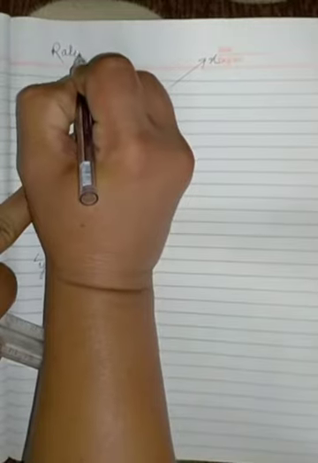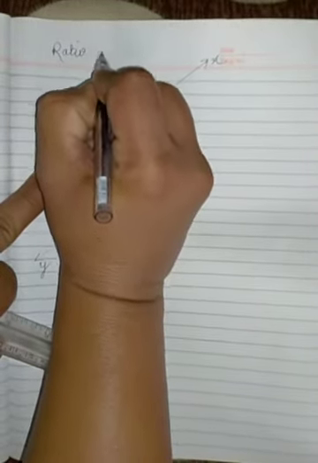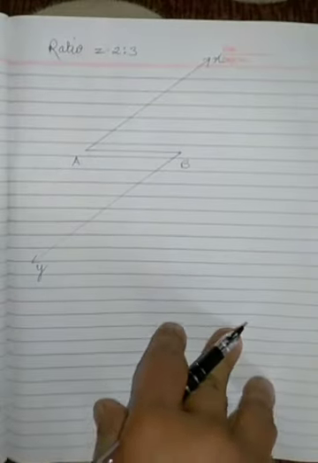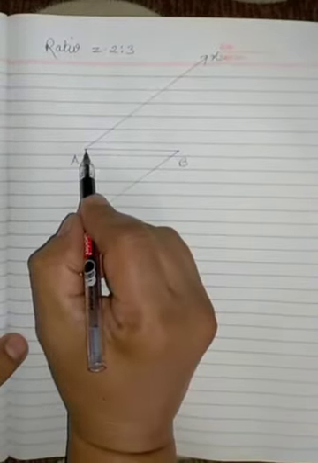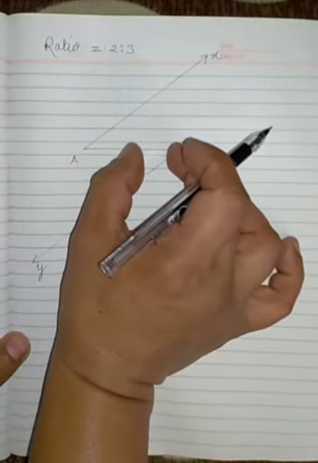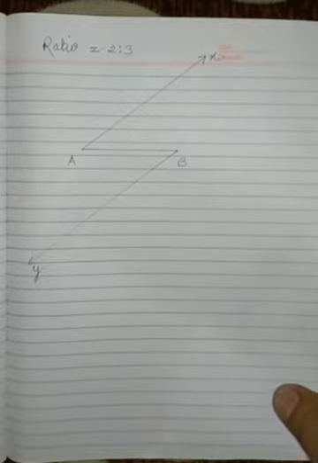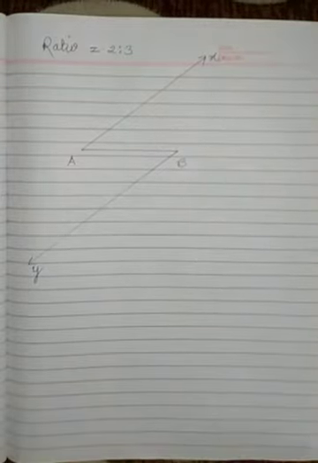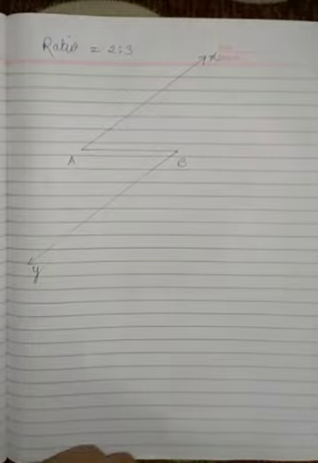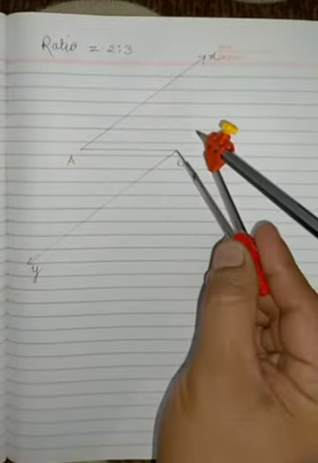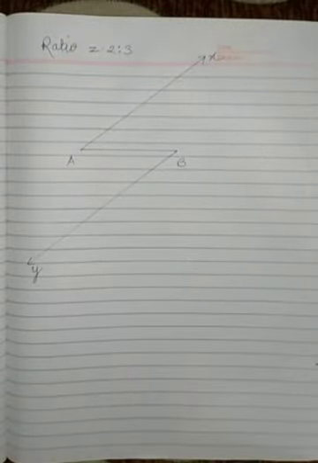Now for the ratio, as we are given the ratio 2:3, that means starting from point A towards B, the smaller part is 2 and the larger part is 3, as we have done in the previous method. So in this method, we will draw two arcs on AX and three arcs on BY.